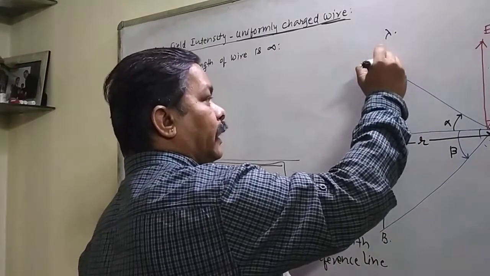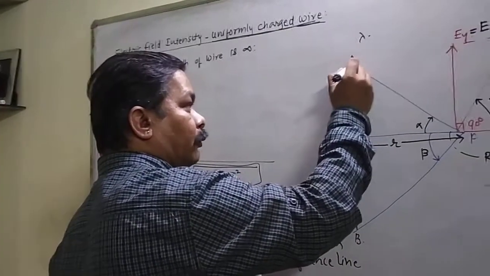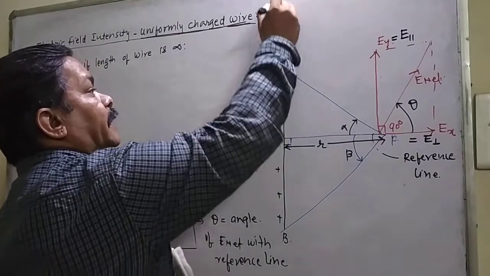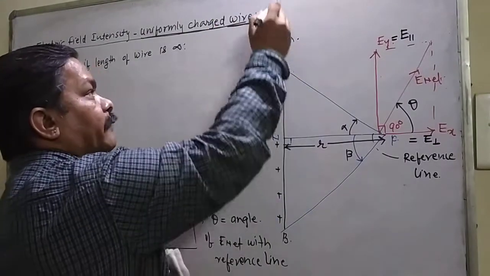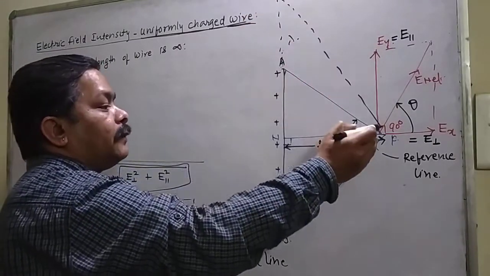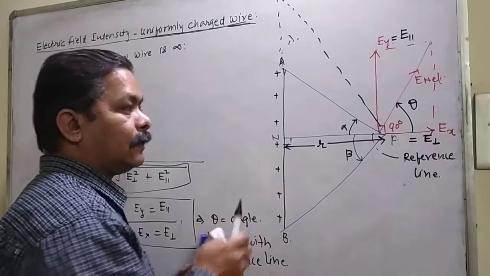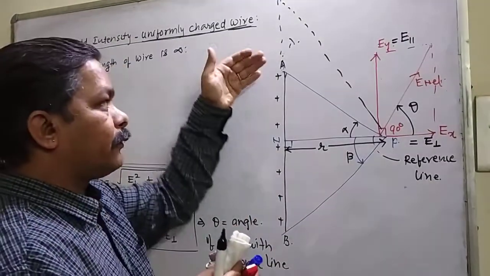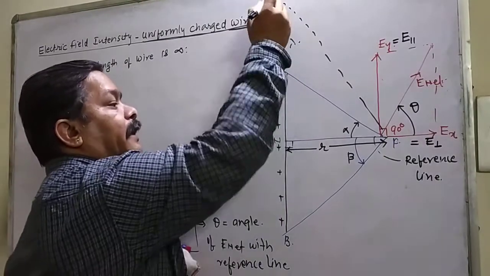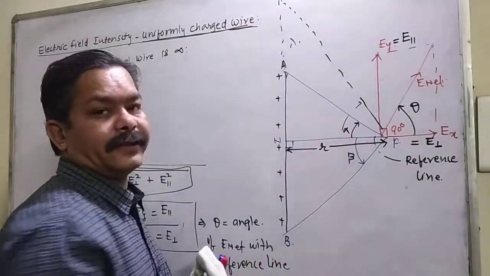For the end A, suppose you extend this end A to this point. Now if you join this end A to the point P, in extending the end A, your angle alpha will increase.